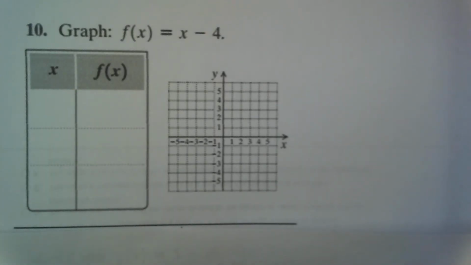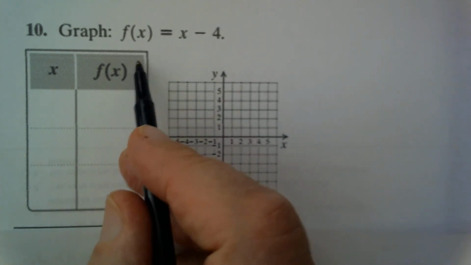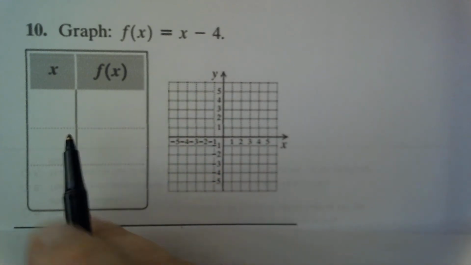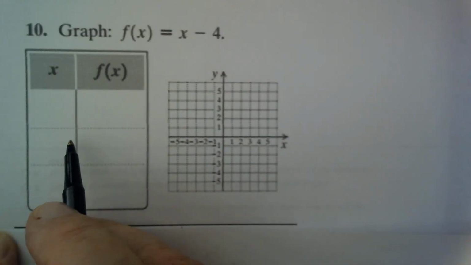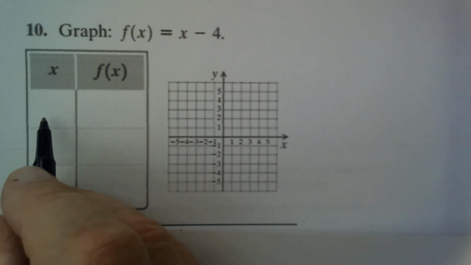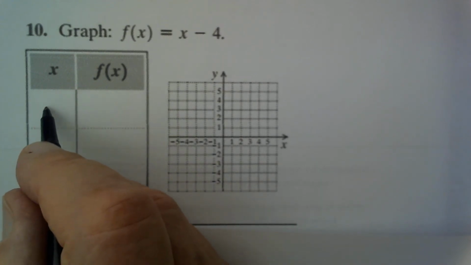Next will be the graphs of functions. So our given function is f of x equals x minus 4. So we can choose some values for x. For example, we could choose x as 2.